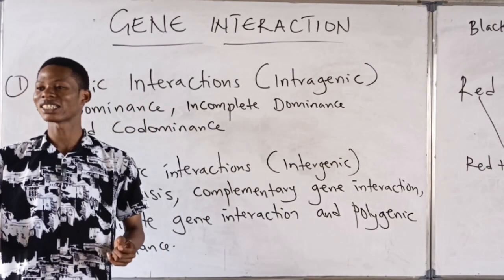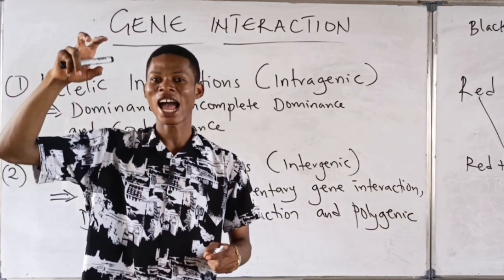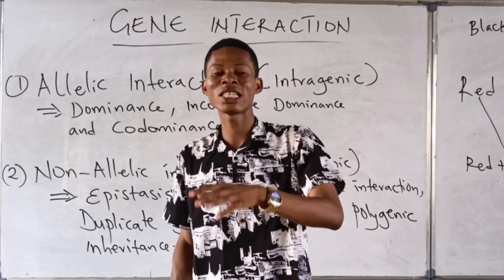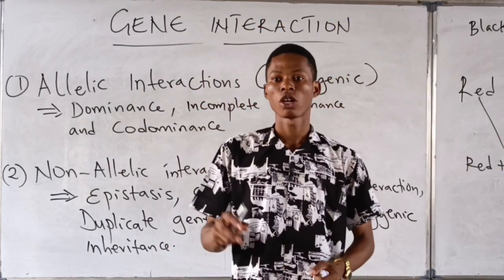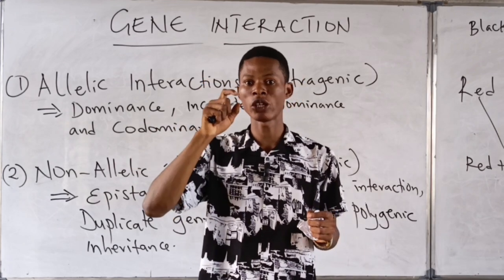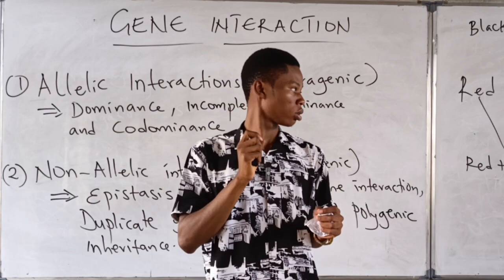Non-allelic interaction can be seen when an allele or a gene on one locus influences the expression of a gene on another locus. This is what I mean. We already know that a locus is a particular point on the chromosome where you can find a gene, right? Where a gene is in the chromosome.